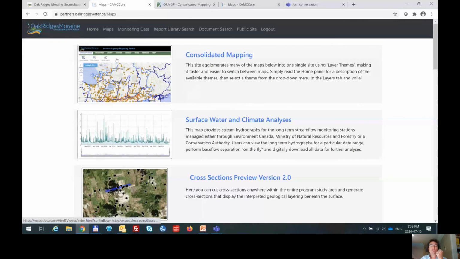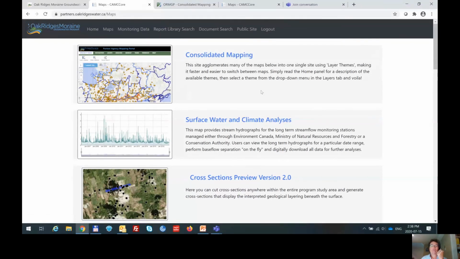And what you see is there's a lot of places where you can interact with information through maps. You can interact with data through searches by well name or location. You can do a report library search. And I'm going to go to the maps for now, maybe do a little bit of a report library search.